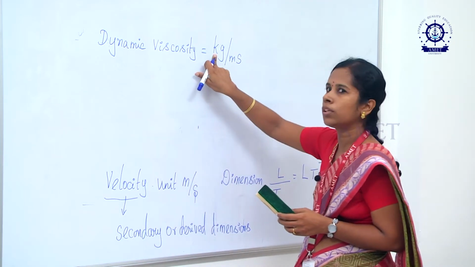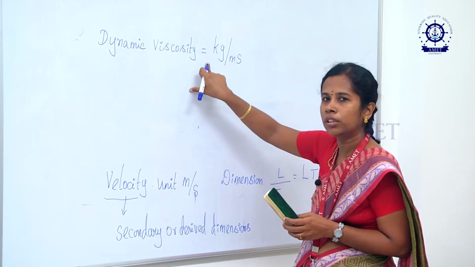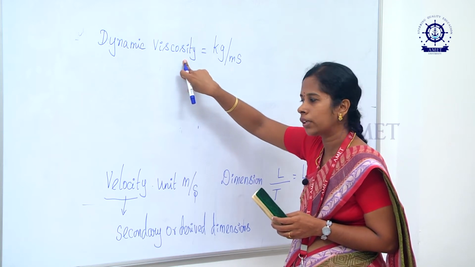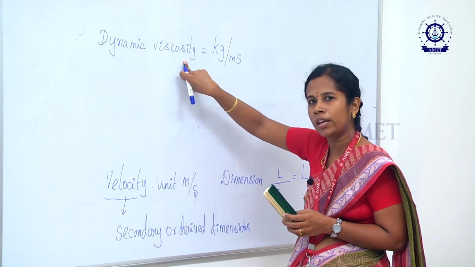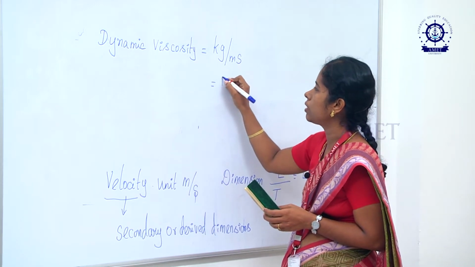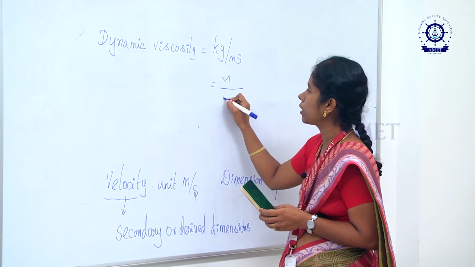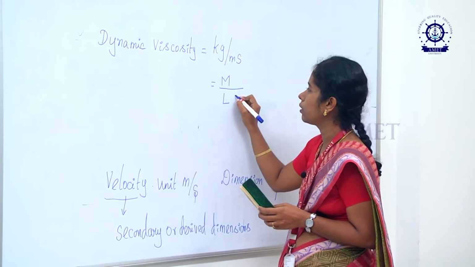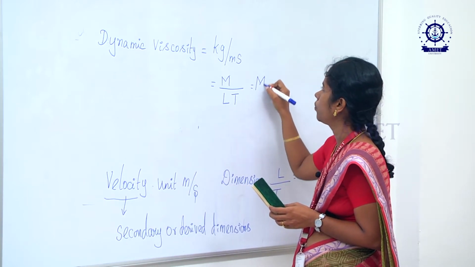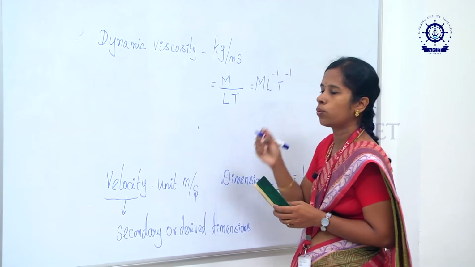It has mass, length and time, all three fundamental dimensions, so it comes under the category of secondary or derived dimensions, as you are deriving it from the fundamental dimensions. The kg can be written as M, the meter as L, and the second as T. So it is M L power minus 1 T power minus 1.